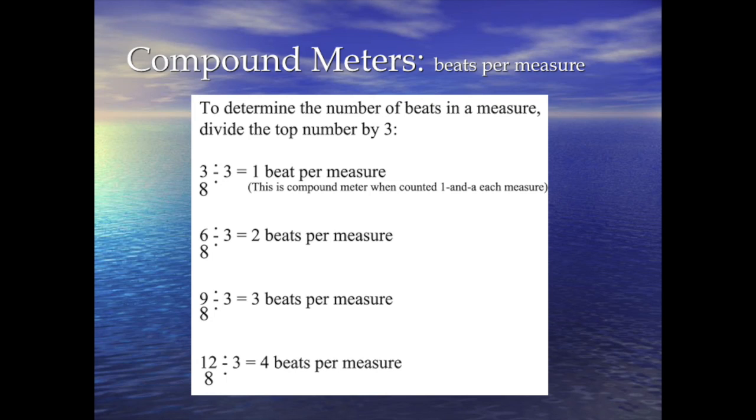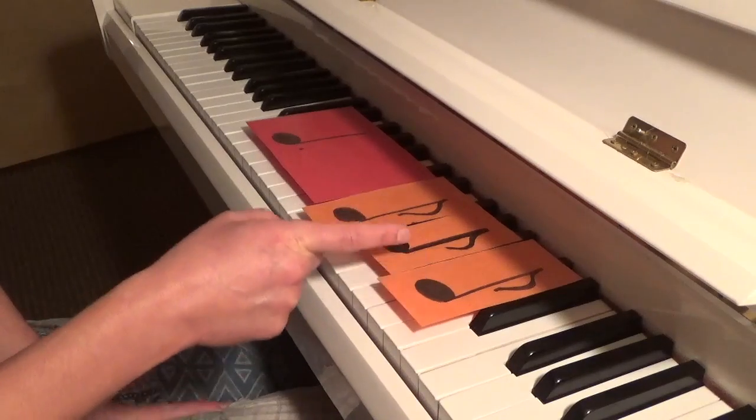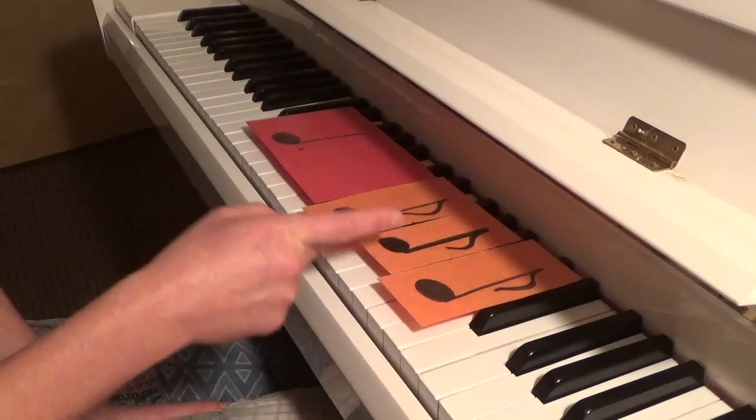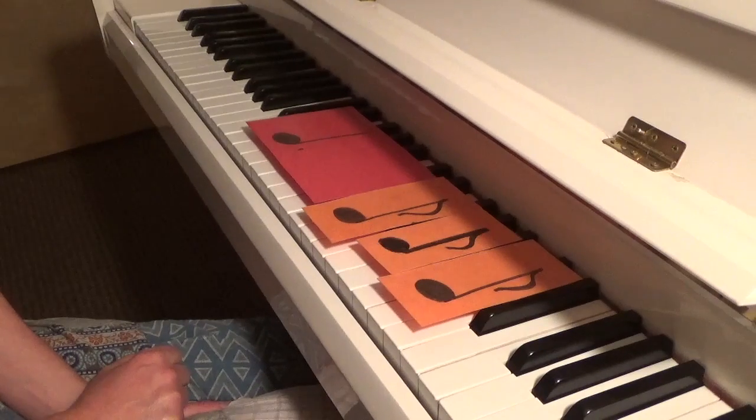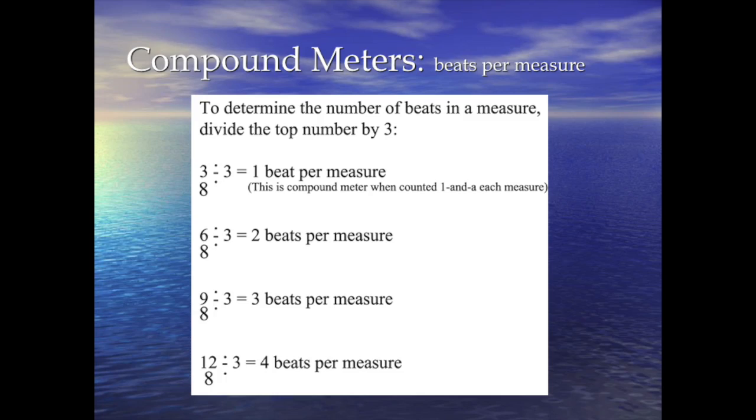So we're going to show the subdivision of the beat. If our compound meter had only one beat per measure, and that one beat was a dotted quarter note, it would be subdivided into three eighth notes, and so the meter would be called 3/8.